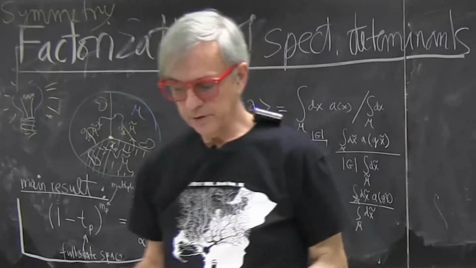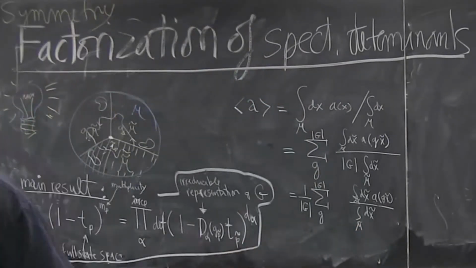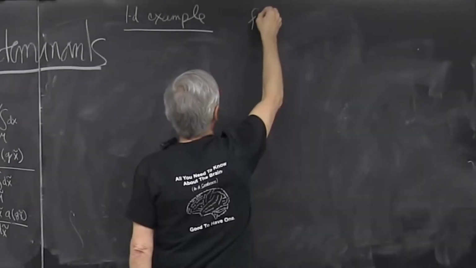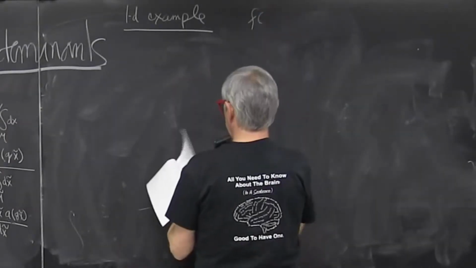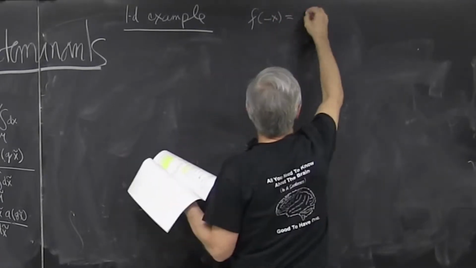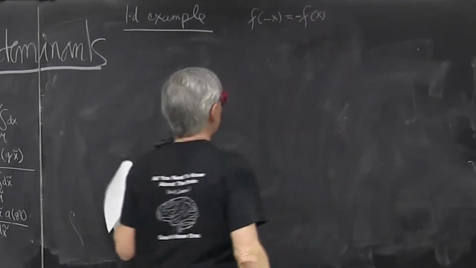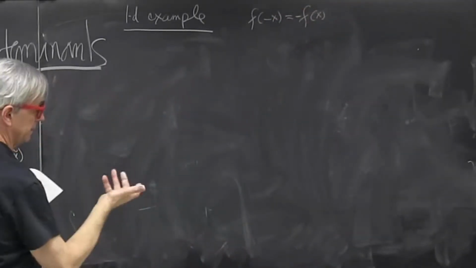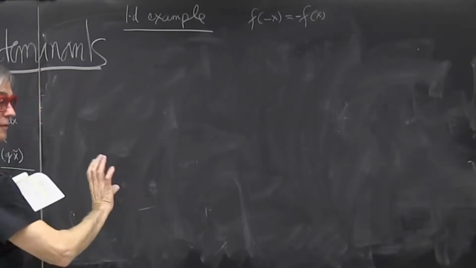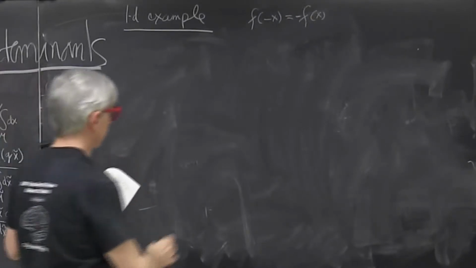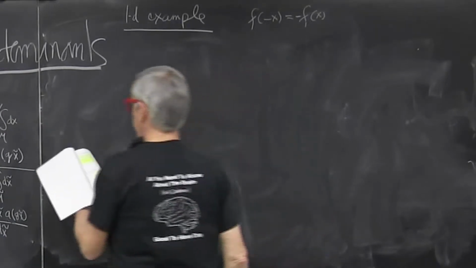And the way I'll try to motivate it is by working out a simple one-dimensional example in which the dynamics is such that the operation of flipping the axis to minus itself commutes with our dynamics.